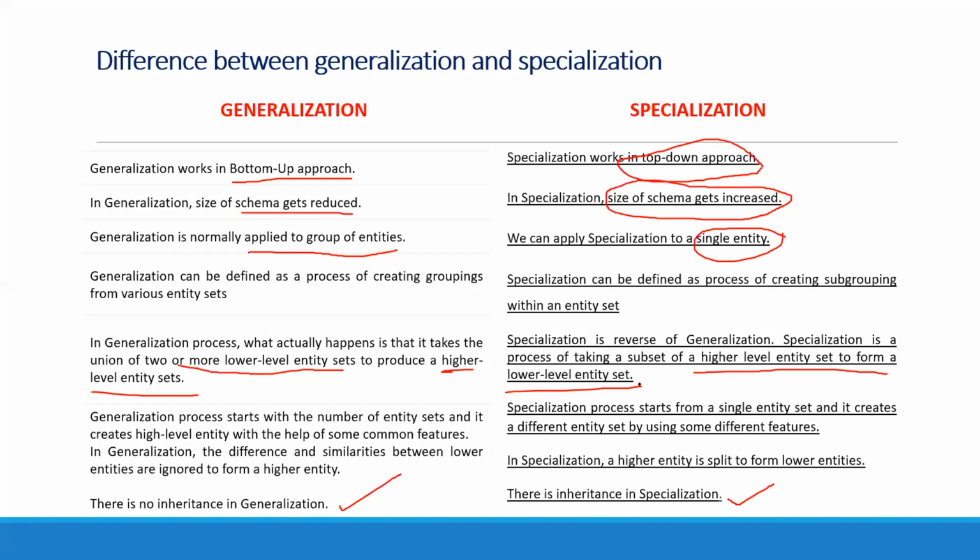For example, take shape: square, circle, triangle. These three have different characteristics, but what we inherit is only the shape, while the type of shape is different. So that's the process of generalization. I hope everybody understands the difference between generalization and specialization.